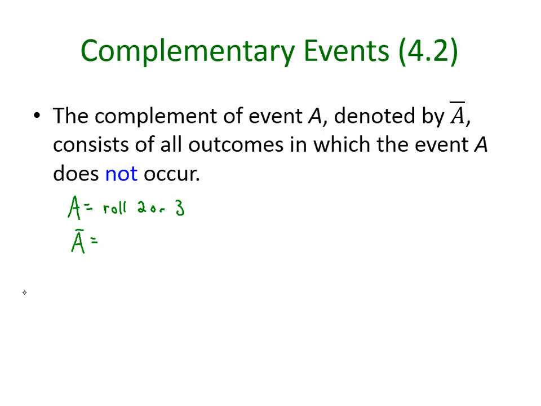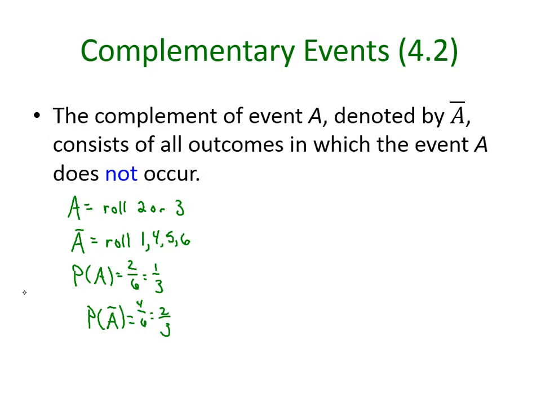First, what's the probability that event A occurs? What's the probability I roll 2 or 3? Okay, 2 chances out of the 6 options, which reduces to 1/3. What is the probability that A does not occur? It's 4 out of those 6, which is 2/3.